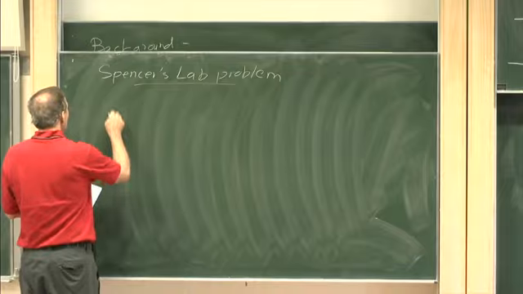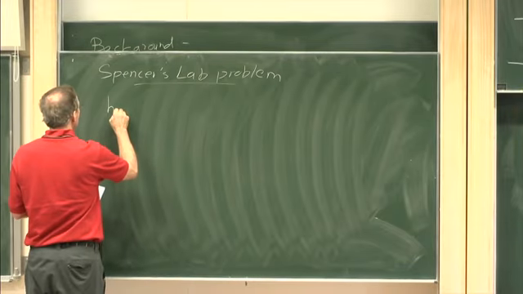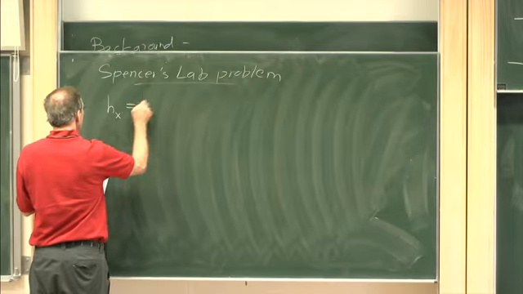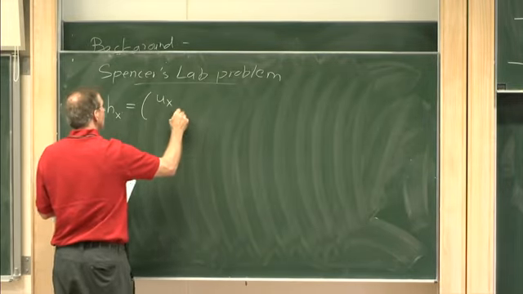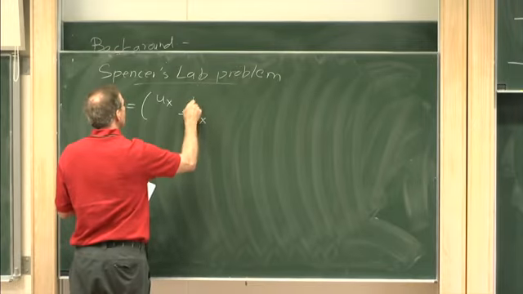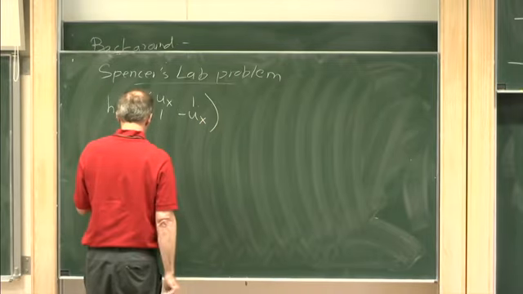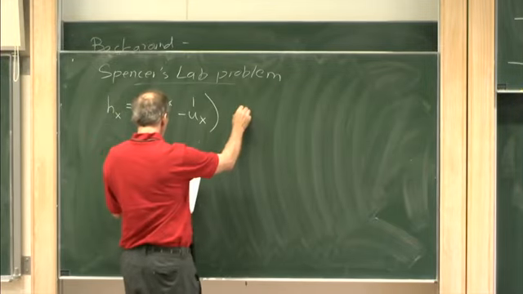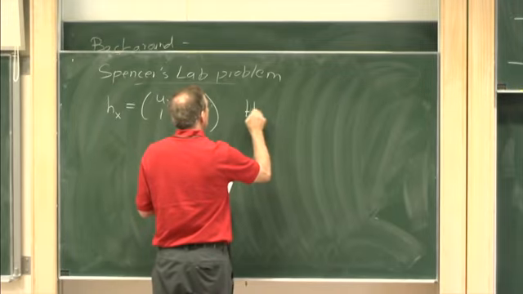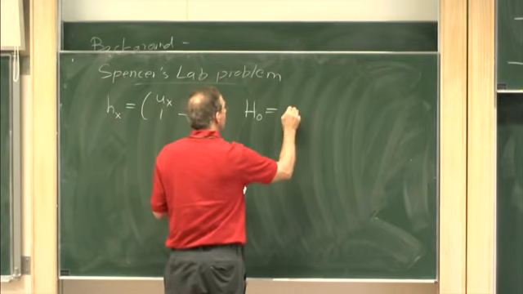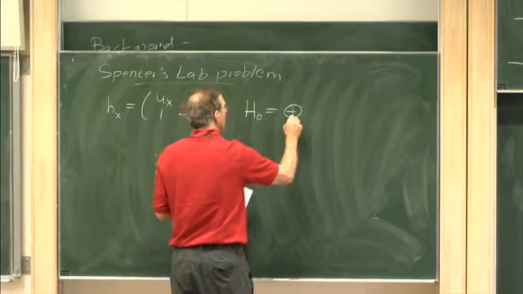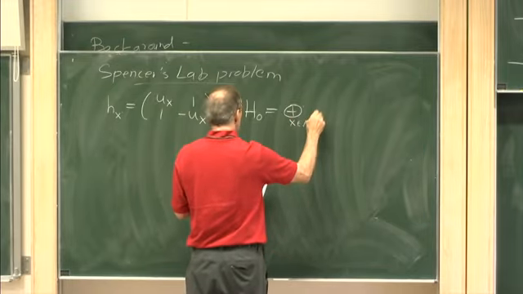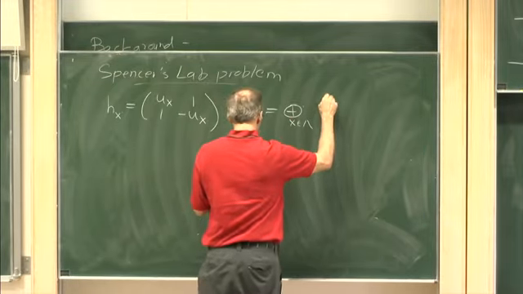And so let's take a single-site block Hamiltonian, which looks like this. And then we take an H0 by just taking the sum over x and lambda of hx.